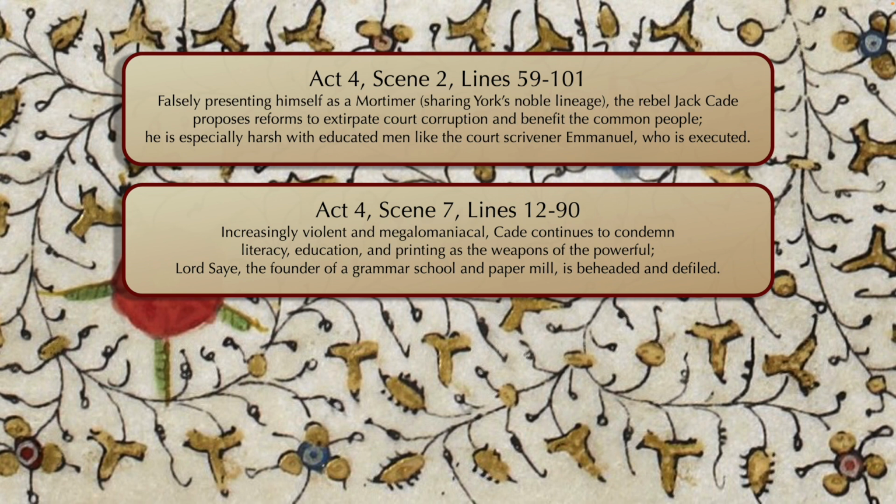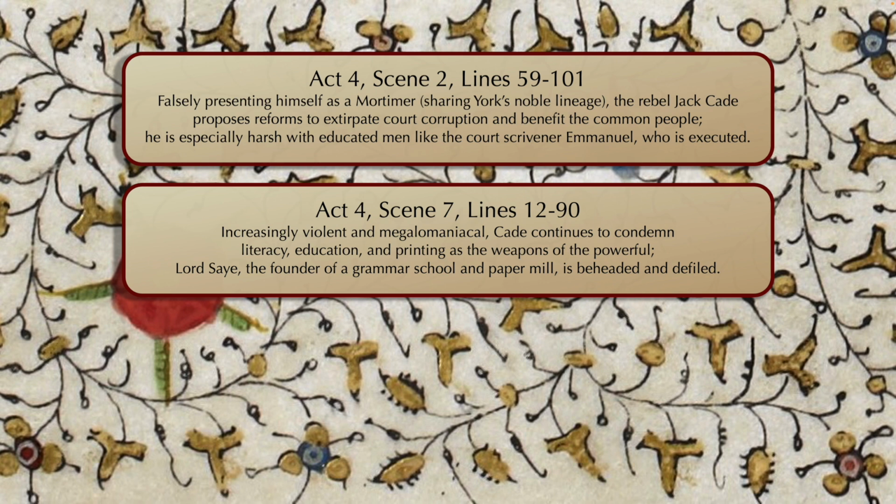So increasingly violent and megalomaniacal, like I said earlier, Cade continues to condemn literacy, education, and printing as the weapons of the powerful, which is really interesting because Shakespeare himself was educated in a middle-class grammar school. He was obviously literate. He obviously supported printing and the publication of documents.